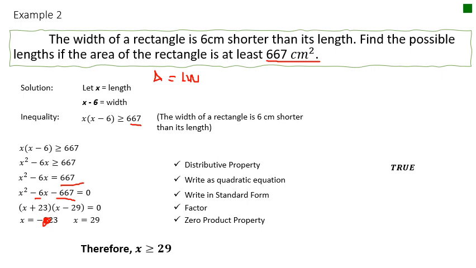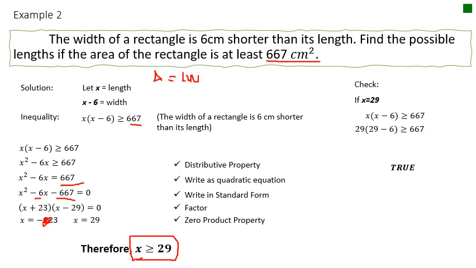Dito, gamit na natin yung ating original inequality sign. So, let us check if the statement is true. Let us use 29. If x is 29, using the inequality, just substitute the value of x, which is 29.